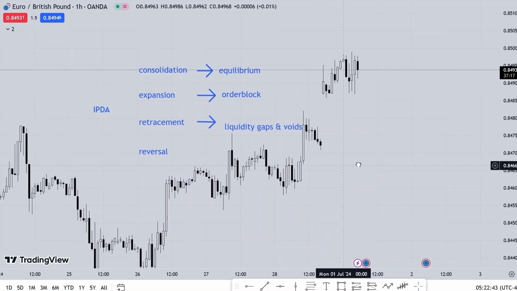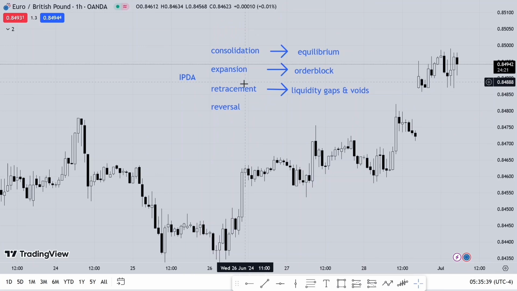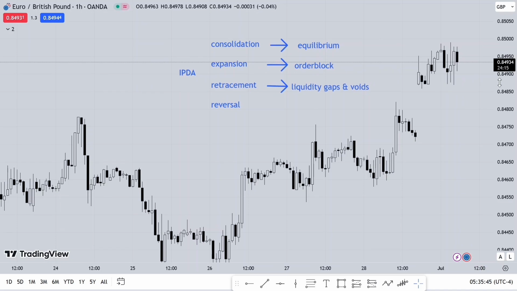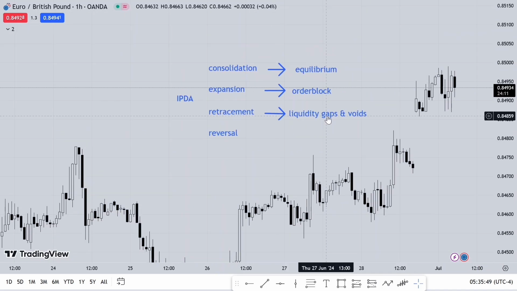So the IPDA tool of interest is the liquidity gaps and the liquidity voids. After the expansion, we have the retracement, and the IPDA tool that we use in reference to a retracement is the liquidity gaps or the liquidity voids.